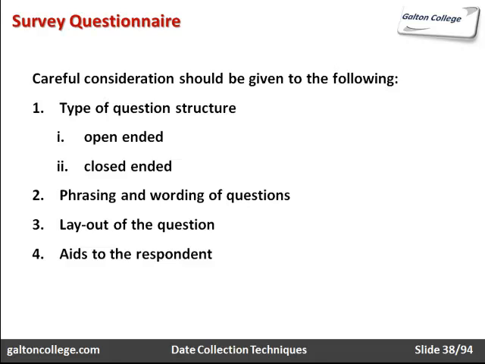And what sort of prompts can you give to the respondent in helping the respondent to answer? It might be a sample of the product, if it's a product, or some illustrations, or some pictures, or something to help in the decision making.